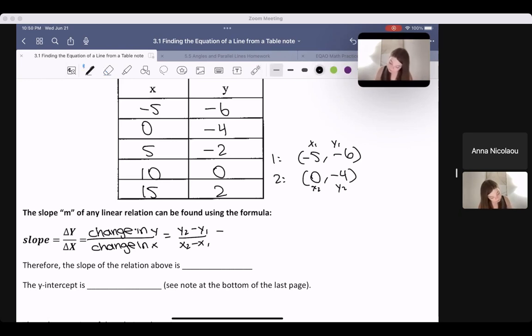Okay, so what's y2 in this scenario? It's -4 minus y1, which is -6, and that's over x2, which is 0, minus x1, which is -5. Now, one thing to keep in mind, we have negative numbers here. When we put the subtraction sign and then the negative number sign, those are two separate signs. We don't just write the subtraction sign once. I see a lot of students make this mistake.